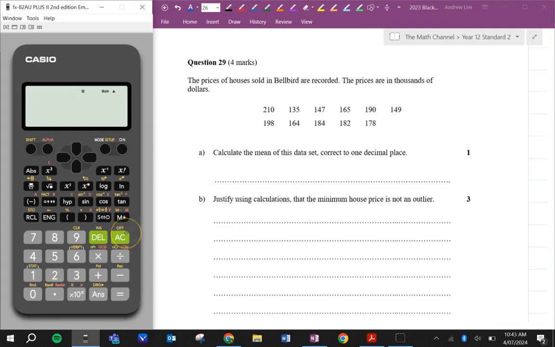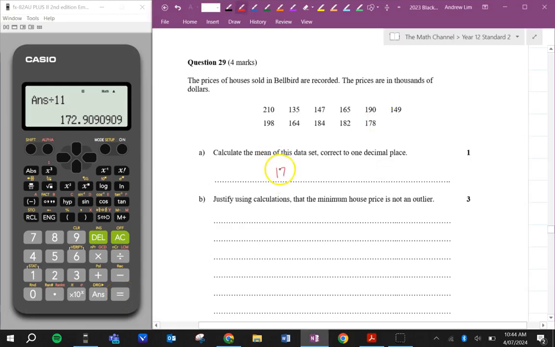So we could just add them all up. 147, 65, 190, 149. $1902, and there are 11 here, so I'm going to divide that by 11.